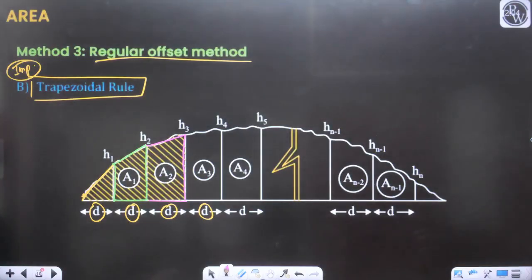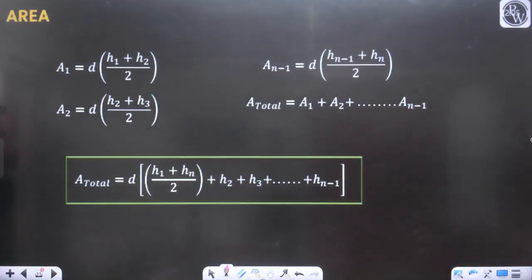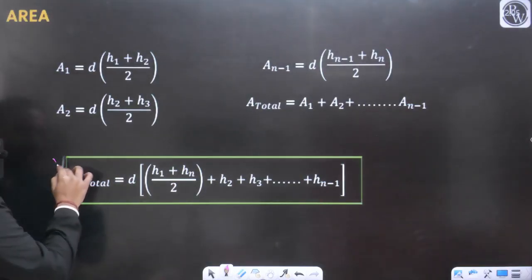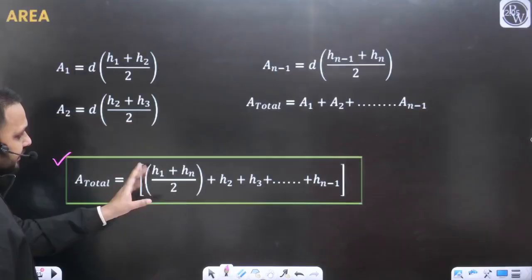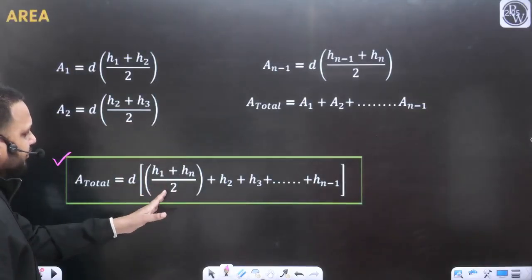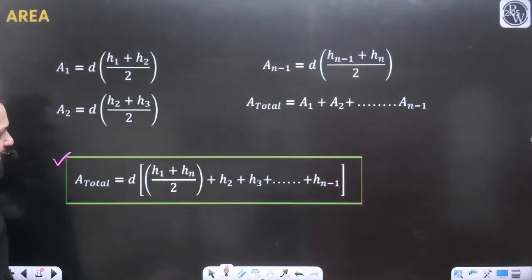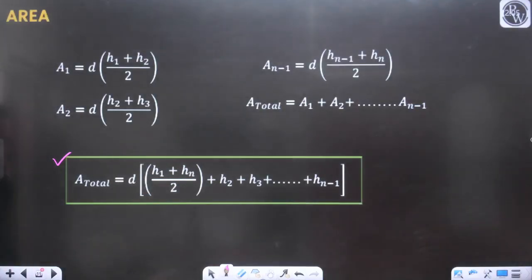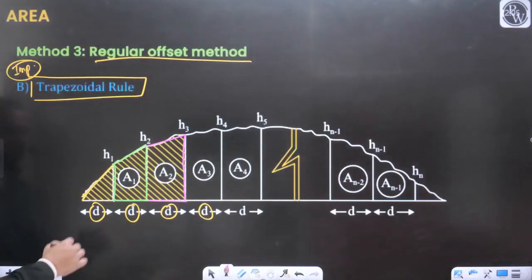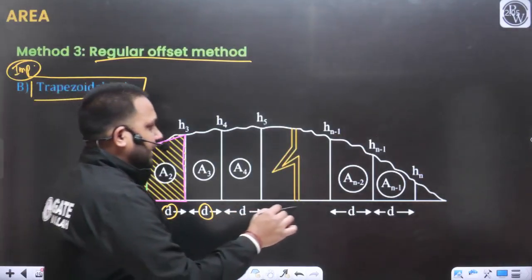So what will be the formula that we can use directly? Total area will be equal to d times H1 plus Hn by 2, plus the remaining offsets H2 plus H3 plus H4. Let's say this is your H1, and this is your nth offset.